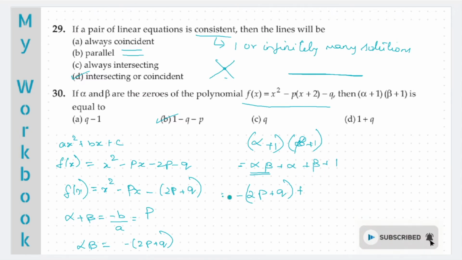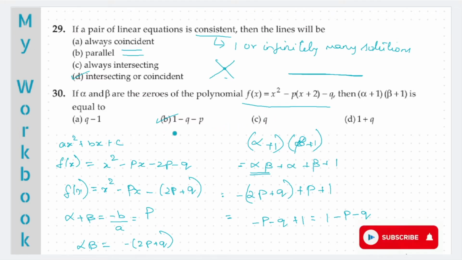Alpha plus beta is the sum of the roots, which is p. So we can conclude minus 2p plus p will be minus p minus q plus 1, which can be written in the form 1 minus p minus q. So option B is the correct answer.